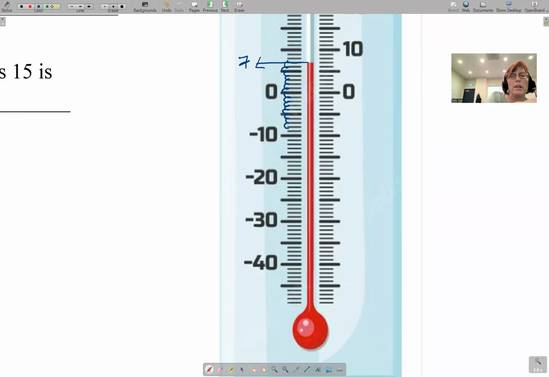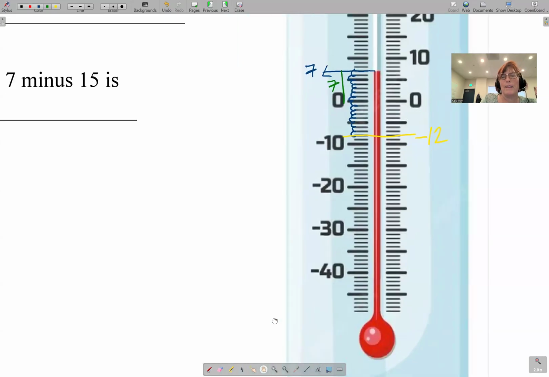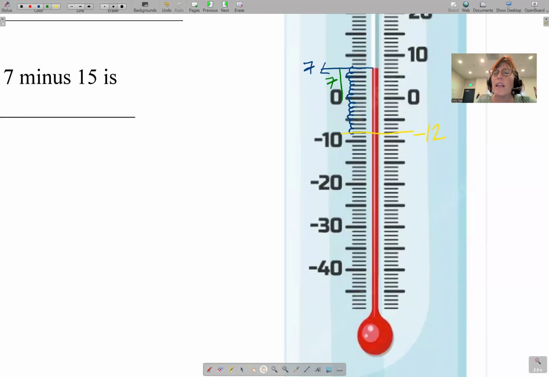And you should be at negative 12. And the reason why is to get to 0, there's 7 units. Excuse me, that's not negative 12, it's negative 8.